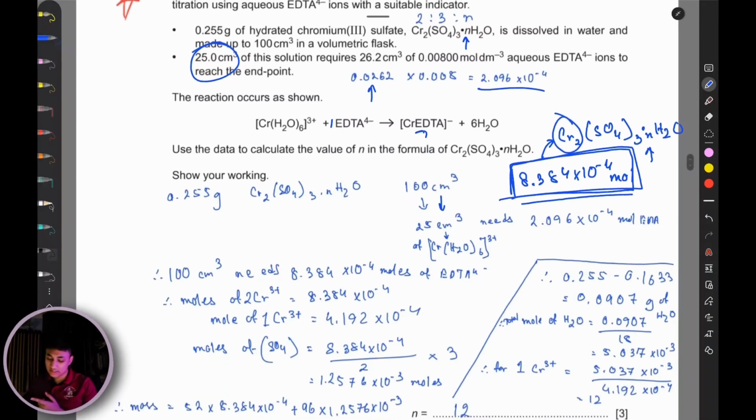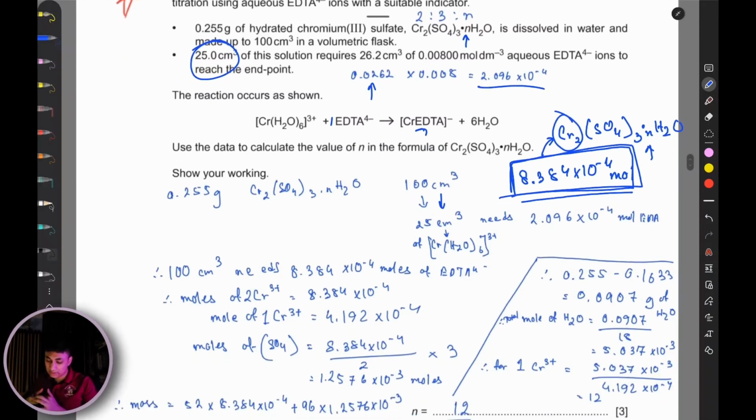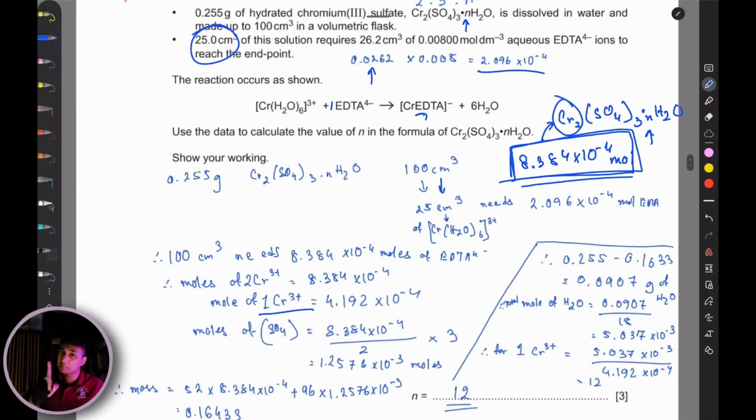Okay. So for 100 cm³, you need 8.38, fair enough. So the moles of 2 portions of chromium ions is 8.384 × 10^-4. Hence, with respect to 1 portion of chromium ion, it is going to be 4.192 × 10^-4, right? So you're dividing this by 2.